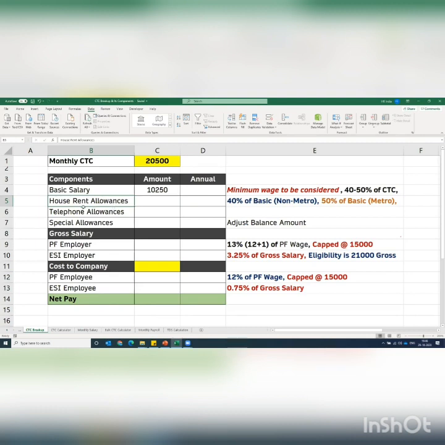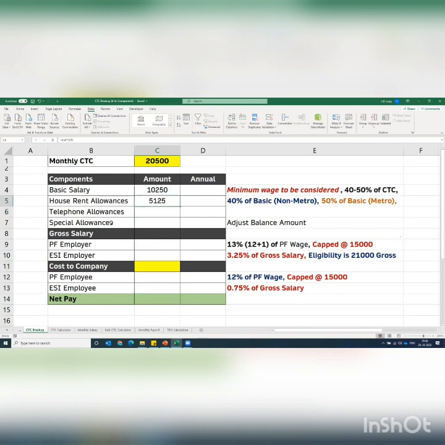Anything more than that would be taxable. So that's why we usually take the maximum tax exemption amount only, to avoid the taxable area. Considering that this employee is living in a metro city, what amount do we take? We need to take 50% of basic salary.